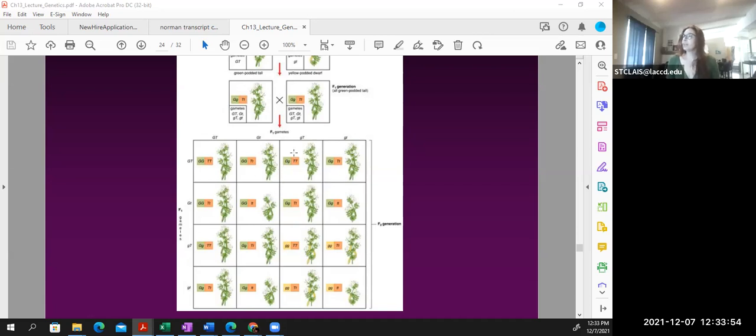Okay, looking at the third individual here, we have the heterozygous combination at the first locus and then homozygous dominant at the second locus. So still green and tall, not really seeing too much variation yet. For this next combination at the end of the top row, we have heterozygous at both loci.